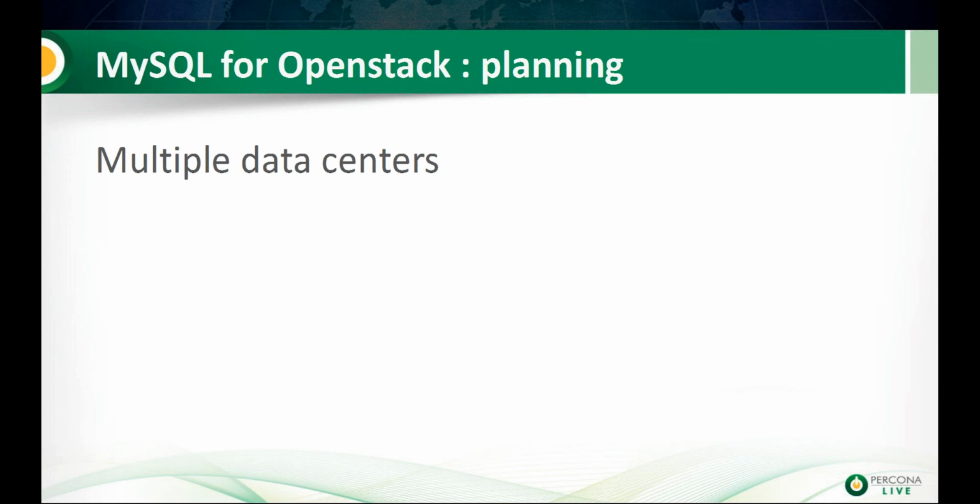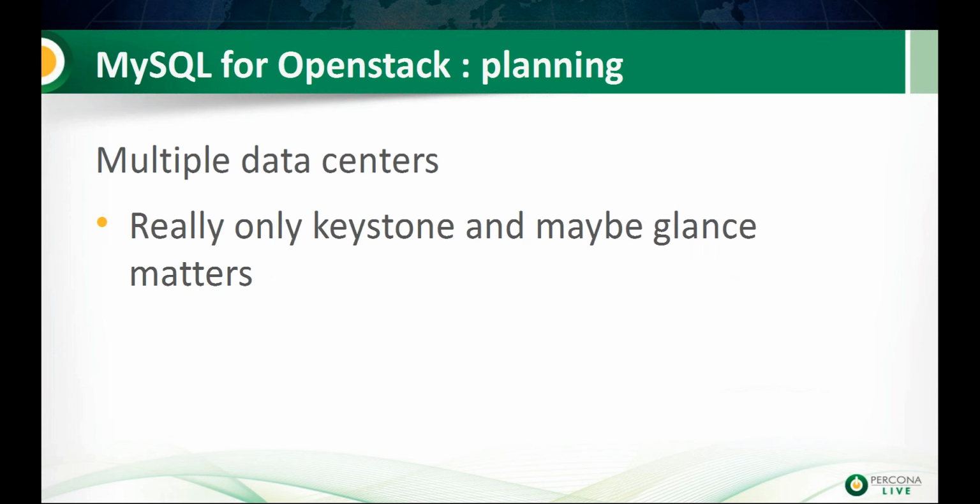So another thing we need to start thinking about: if you are using multiple data centers, you will need to do some planning ahead of time. Really, the only databases that need to be copied from one data center to the other, in my sense, maybe I'm missing something, are Keystone and Glance. Keystone for the users, that's quite obvious.